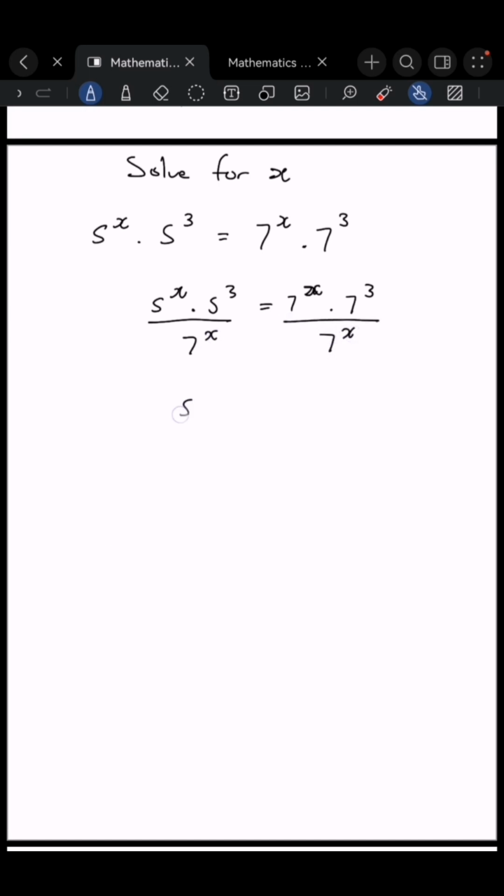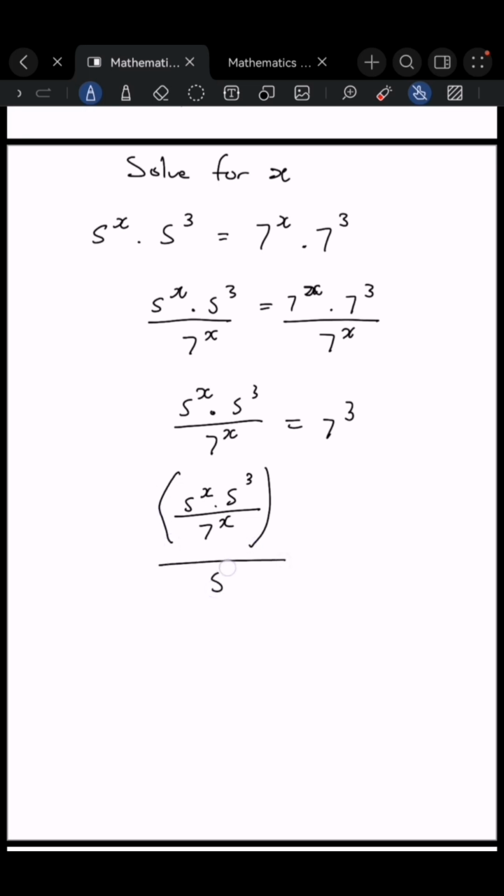What we have is 5 to the x over 7 to the x, all equal to, then we proceed to divide again both sides. 5 to the x times 3 over 7 to the x, or bracket, divided by 5 to the 3 is equal to 7 to the 3 divided by 5 to the 3.